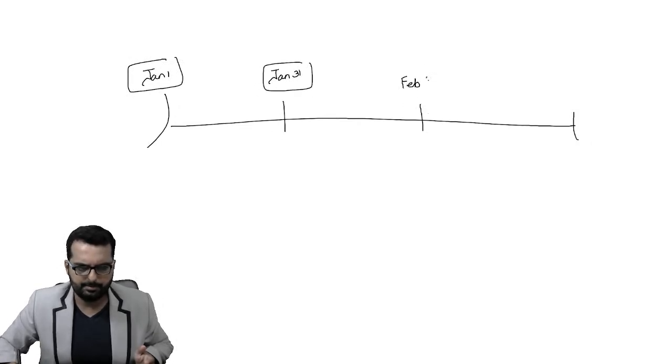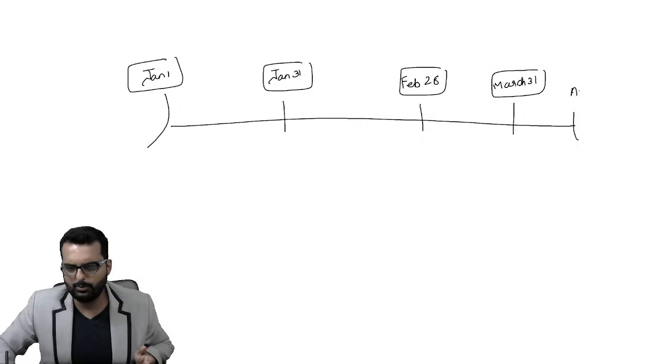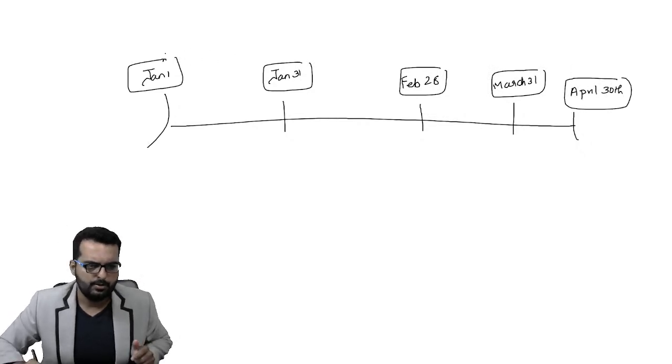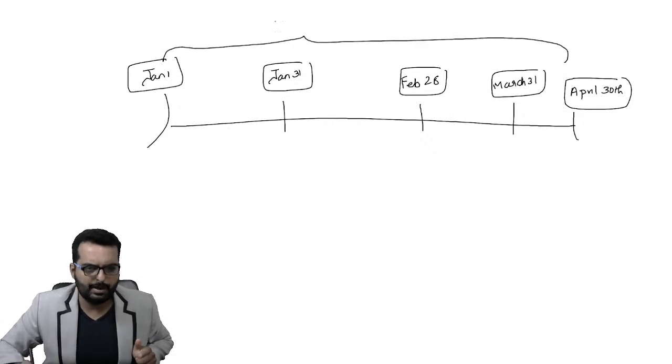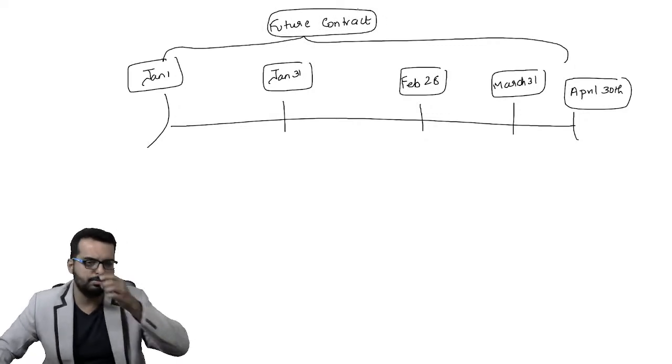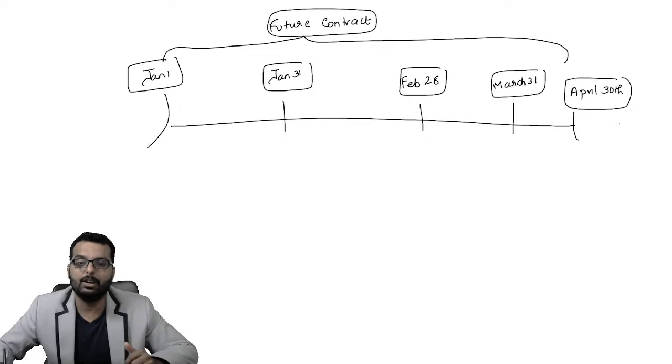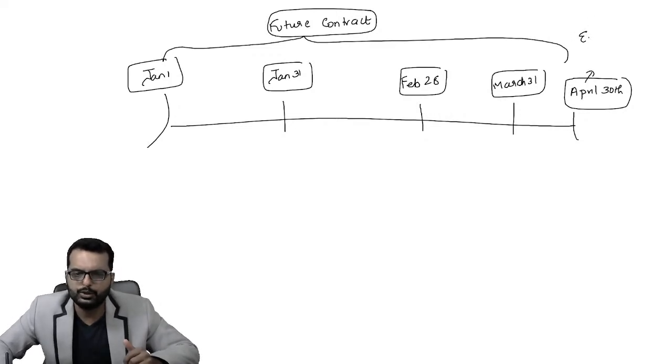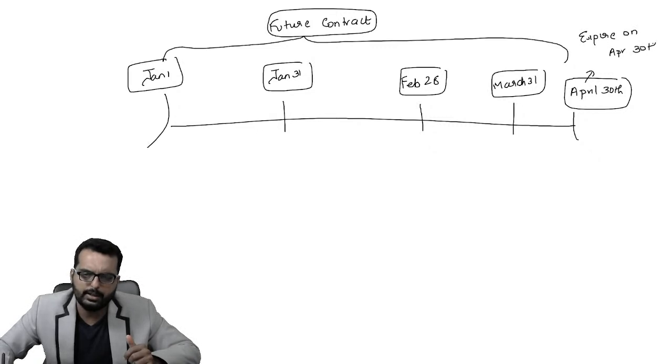We will have Feb 28th, March 31st, and then you have April 30th. On Jan 1st, my future contract is going to have how many months maturity? It is going to have 4 months maturity. That means it will expire on what date? My future contract will expire on April 30th.